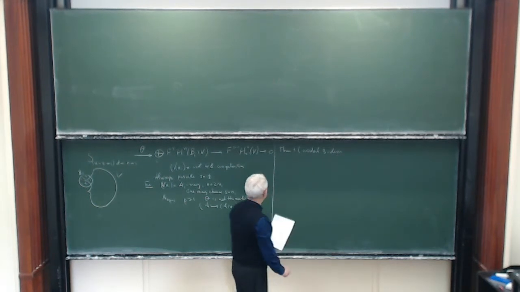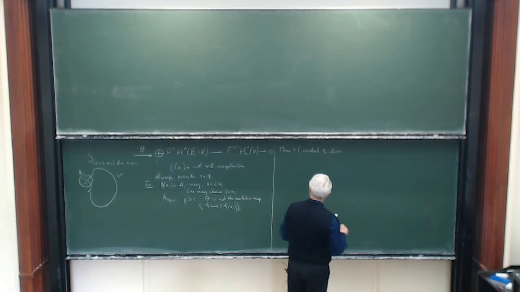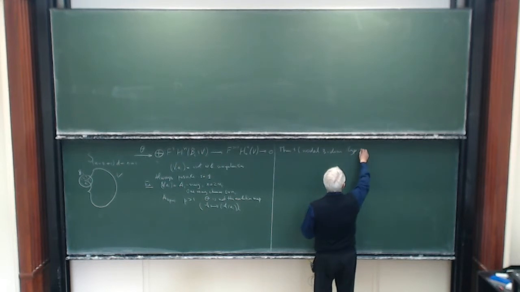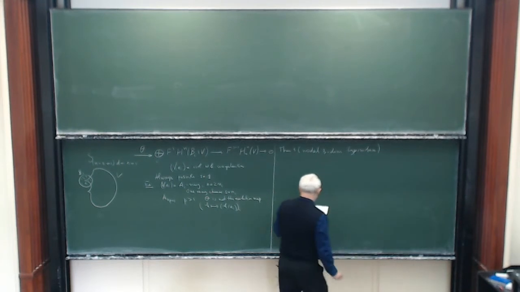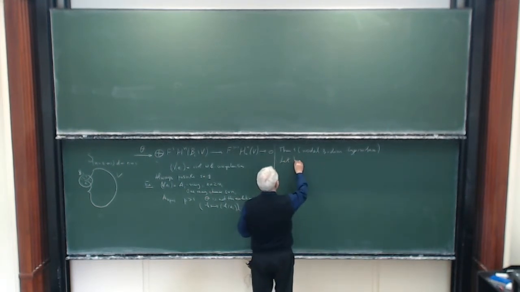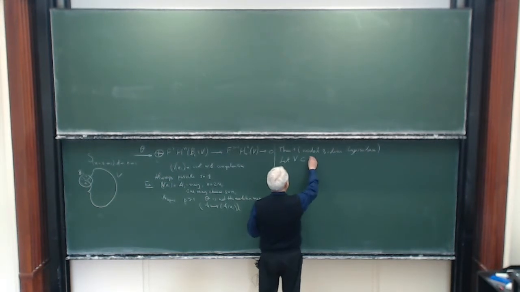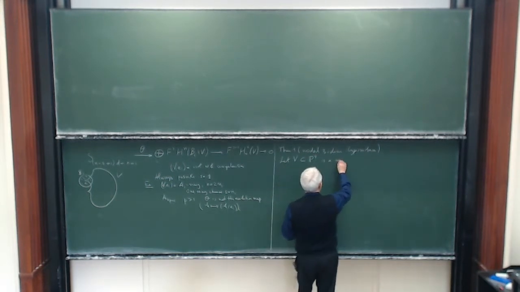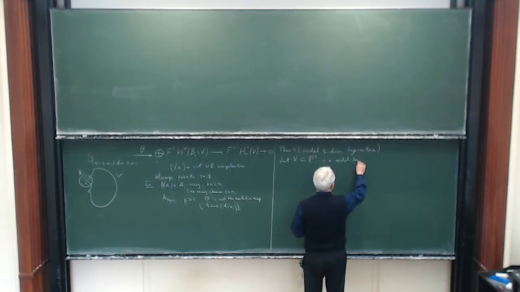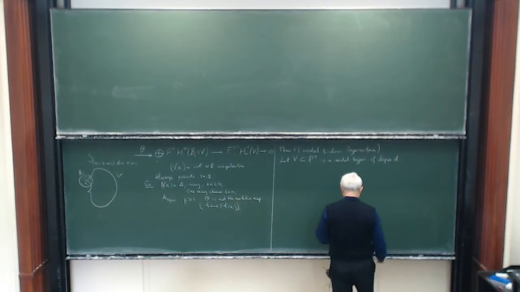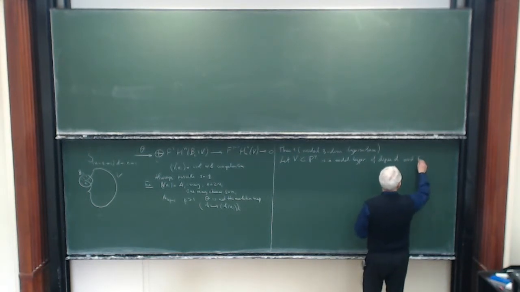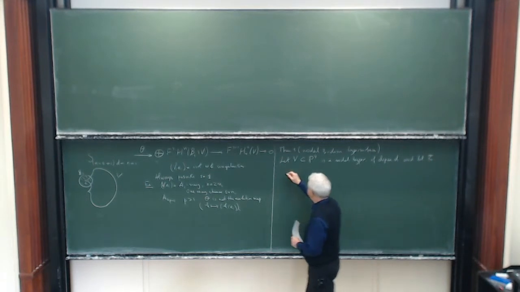So you know the result, of course, but I will state it. So assume that V in P4 is a nodal hypersurface of degree d. And let sigma be the set of nodes.